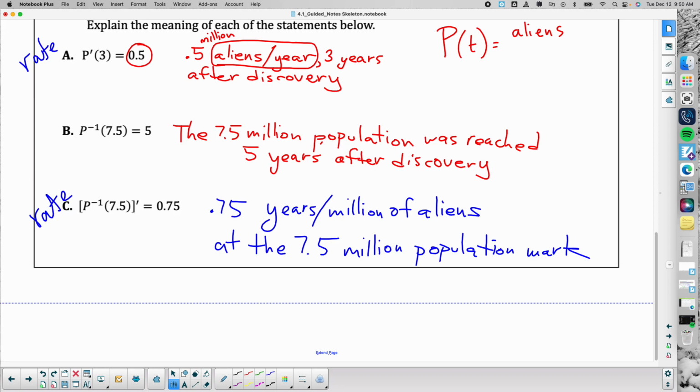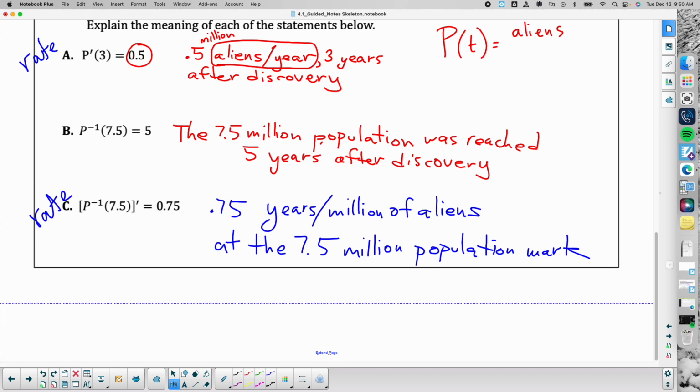Like, maybe you need to find out when it's gonna hit this mark, rather than finding out how fast it's currently changing. So, depending on what career you go into, the inverse might be useful. We're just talking about what it stands for right now, but we won't be using it really ever. So I wanted to have these in the examples so you could at least see how it's written, but it's not going to be common or used.